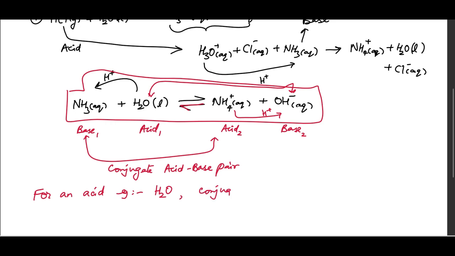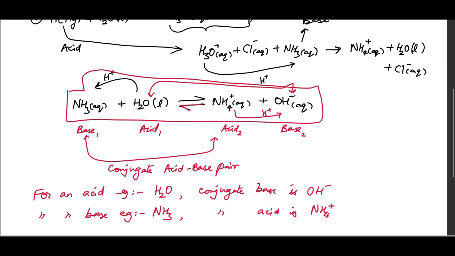Conjugate base is OH minus or hydroxyl ion. And for a base, example NH3, conjugate acid is NH4 plus. So an acid gives a conjugate base by donating a proton.